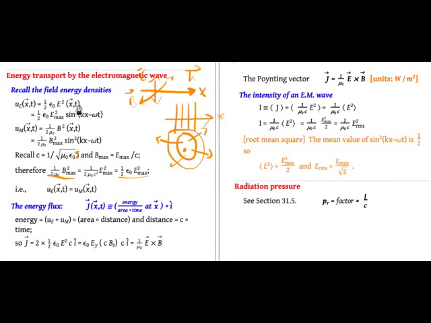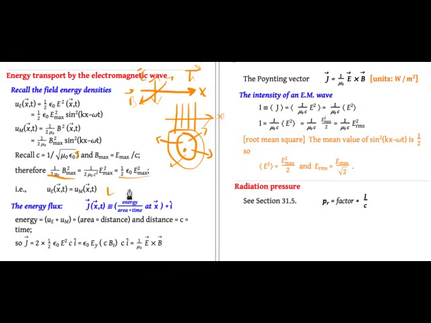In other words, because these have the same phase, I can just say the energy density in the electric field is equal to the energy density in the magnetic field. They both go like sine squared kx minus omega t, and the coefficients, 1/2 epsilon 0 E max squared, 1/2 mu 0 B max squared, are equal.